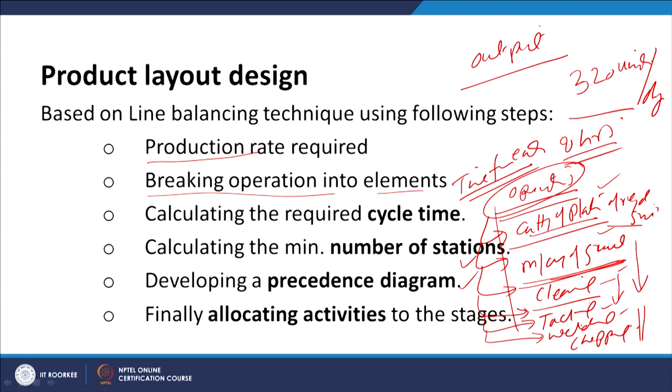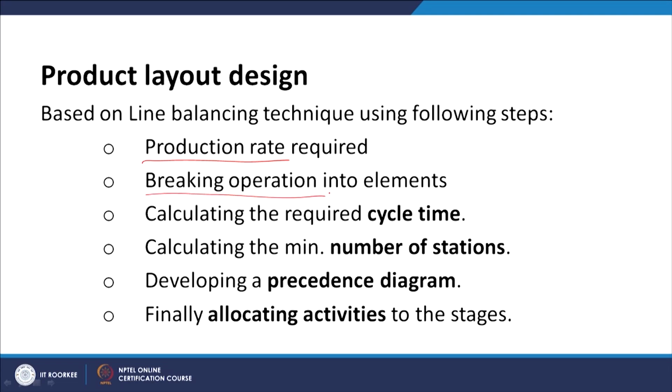Once this is identified, we will be able to develop the sequence in which the job should be done. This will come later. This is known as the precedence requirement: which are the steps to be done first before taking up a particular operation?